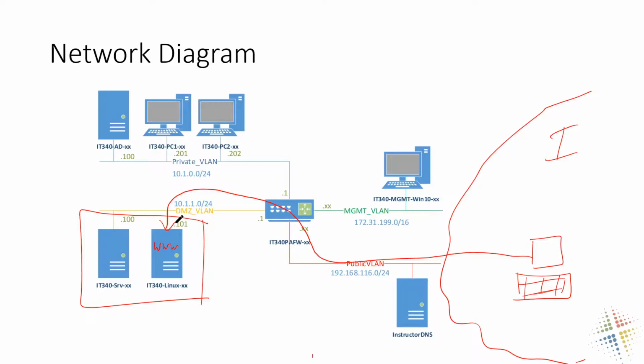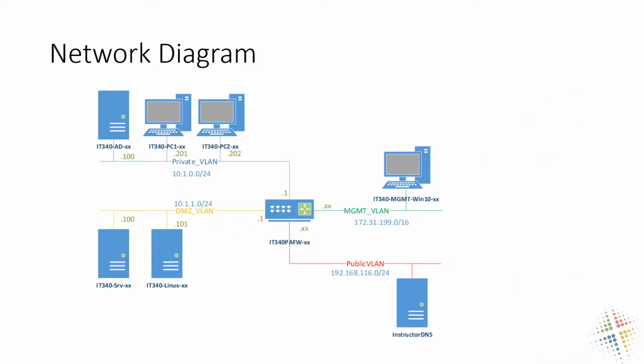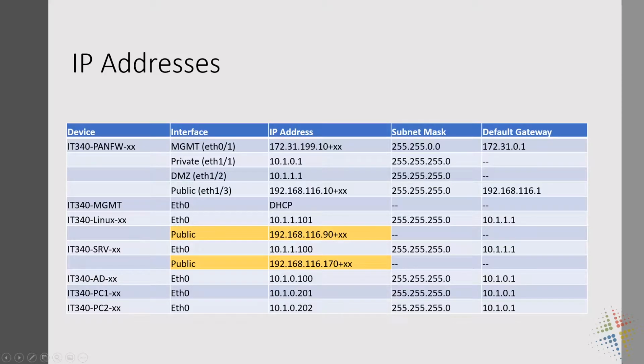Now, we don't want simply just the public IP address that's assigned to this Palo Alto firewall right here to be what's used. I want to give this web server his own unique IP address. So here's a more detailed listing of the IP addresses for our systems. Previously, we had said that for your public IP address, everybody has a group.